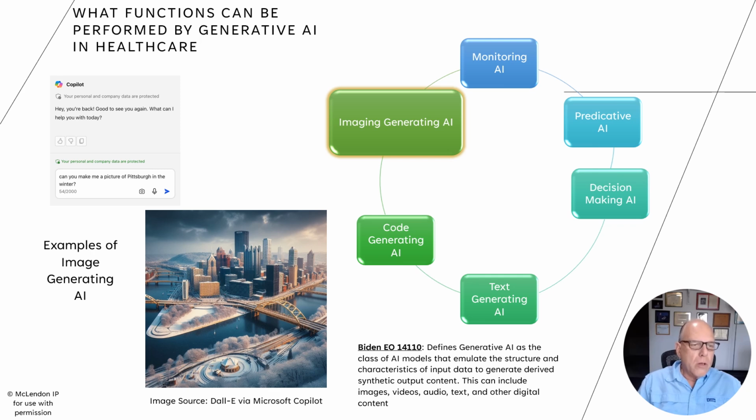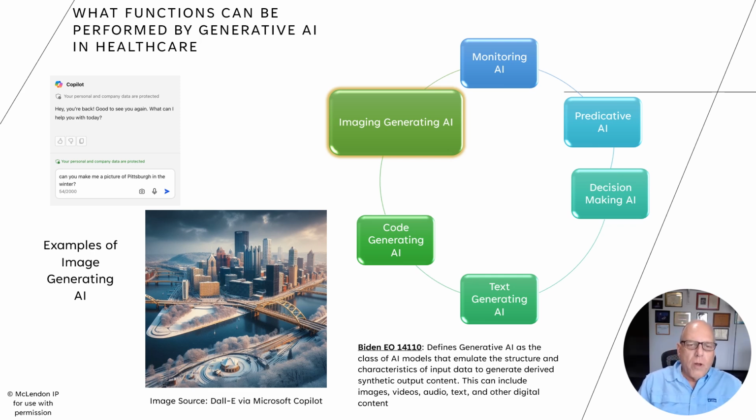I asked it to give me a picture of Pittsburgh in the wintertime. I happen to think that Pittsburgh with its bridges and rivers is a pretty compelling image, and so I had AI create me one. DALL-E within Copilot created this. You may also see DALL-E, I think, in ChatGPT. But anyway, it's an image generator.